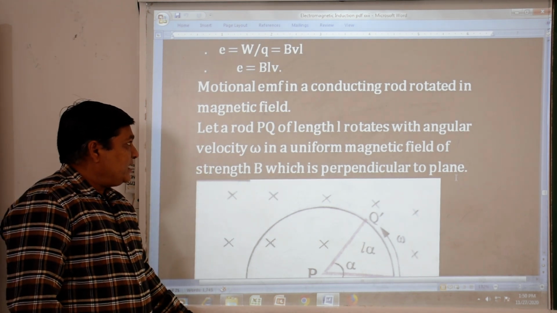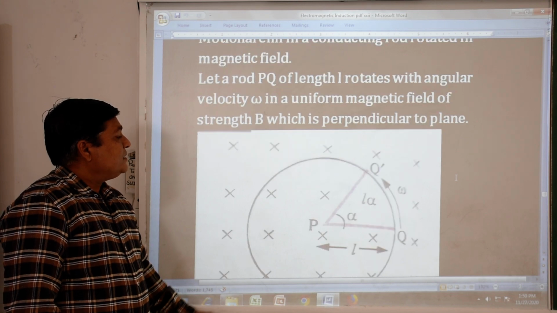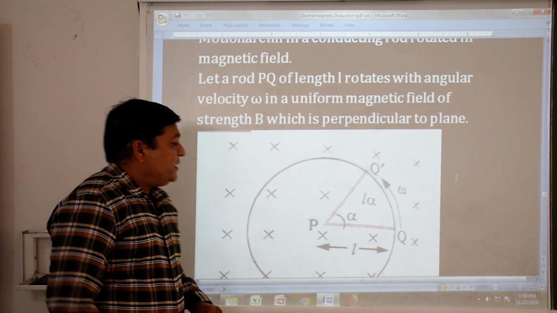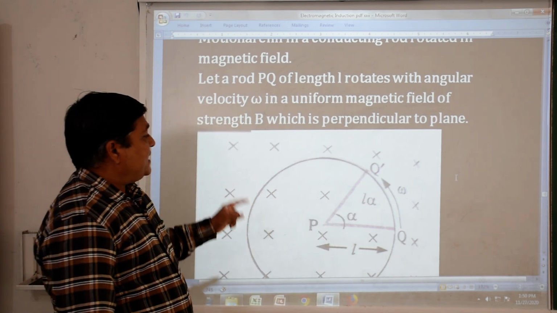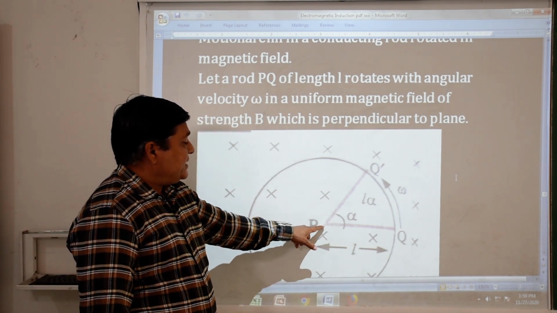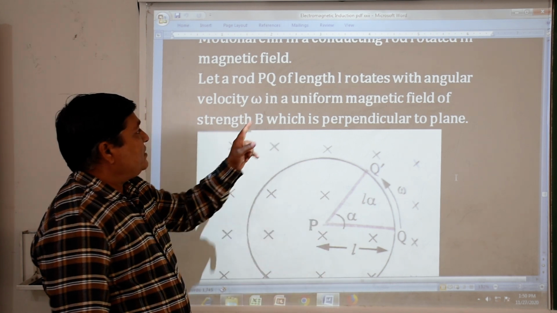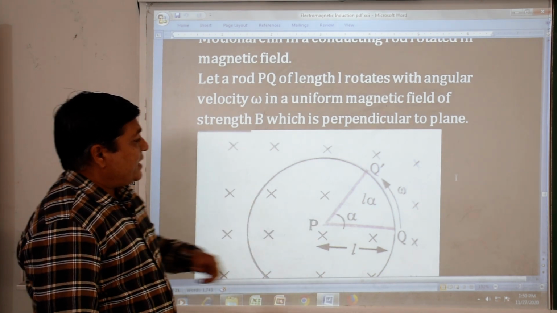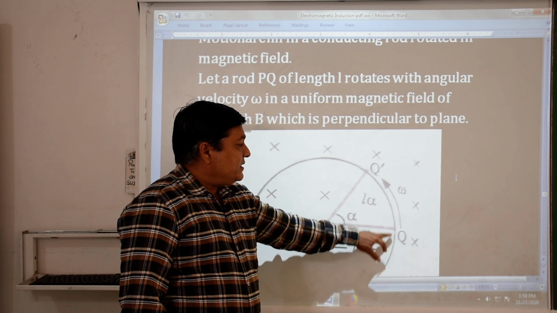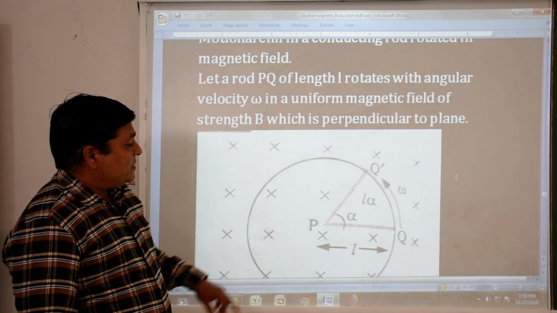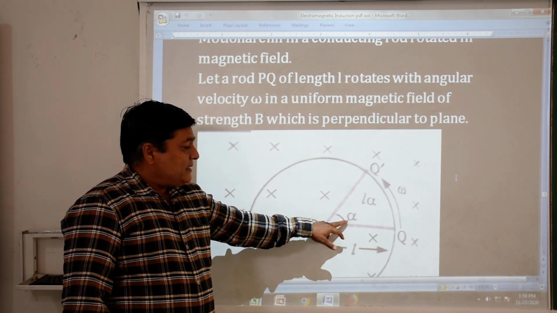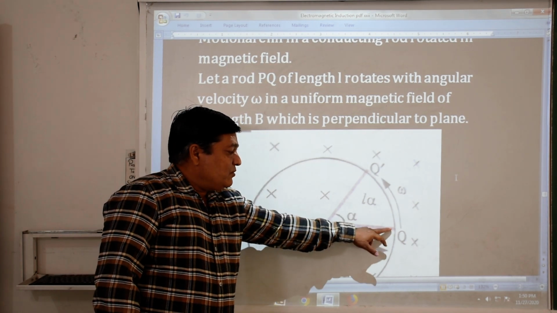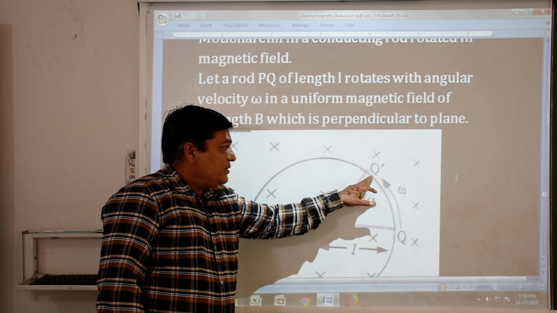Let us suppose, according to this figure, PQ is a rotating rod, and we can see that it is rotated about the center, one end is fixed here. PQ of length L rotates with angular velocity omega in this particular direction. When it rotates, it makes a certain angle alpha here, and it moves from Q to Q dash.